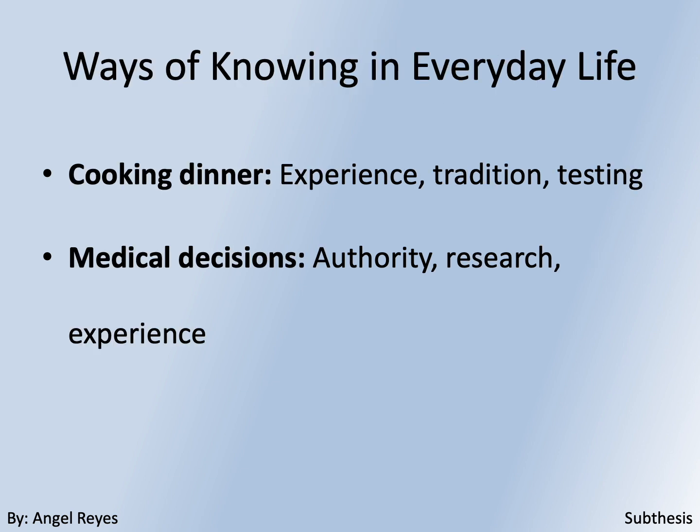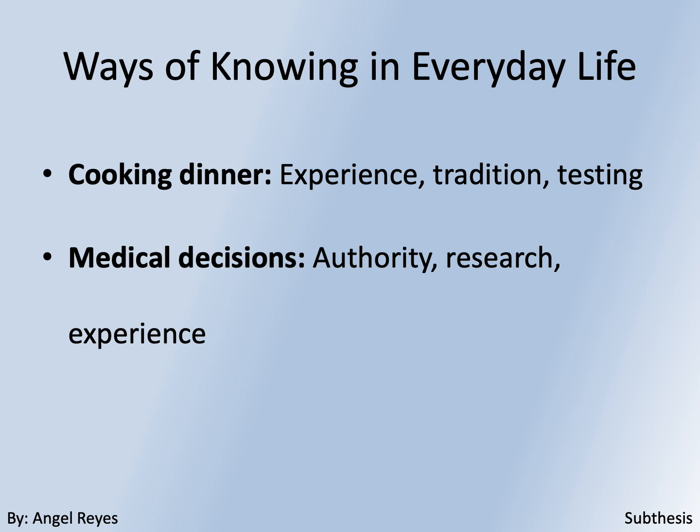In everyday life, we typically combine multiple ways of knowing, rather than relying on just one. When cooking dinner, we might follow traditional recipes (authority), adjust based on past successes or failures (experience), taste and adjust as we go (testing), and develop a sense for when something feels right (intuition).